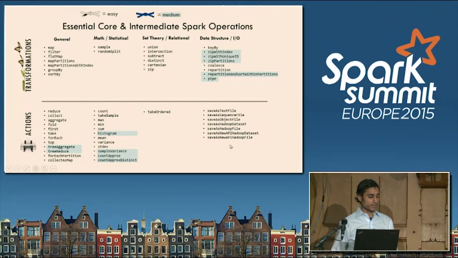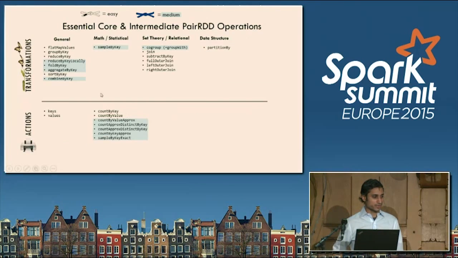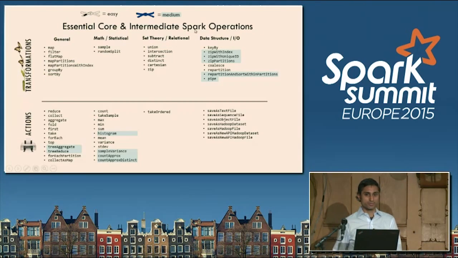And then in addition to these transformations and actions that work on any type of data, there are other transformations and actions that work only on pair RDD data types. This means that your RDD has key value pairs. Otherwise your RDD might have images, words, non-key value stuff.